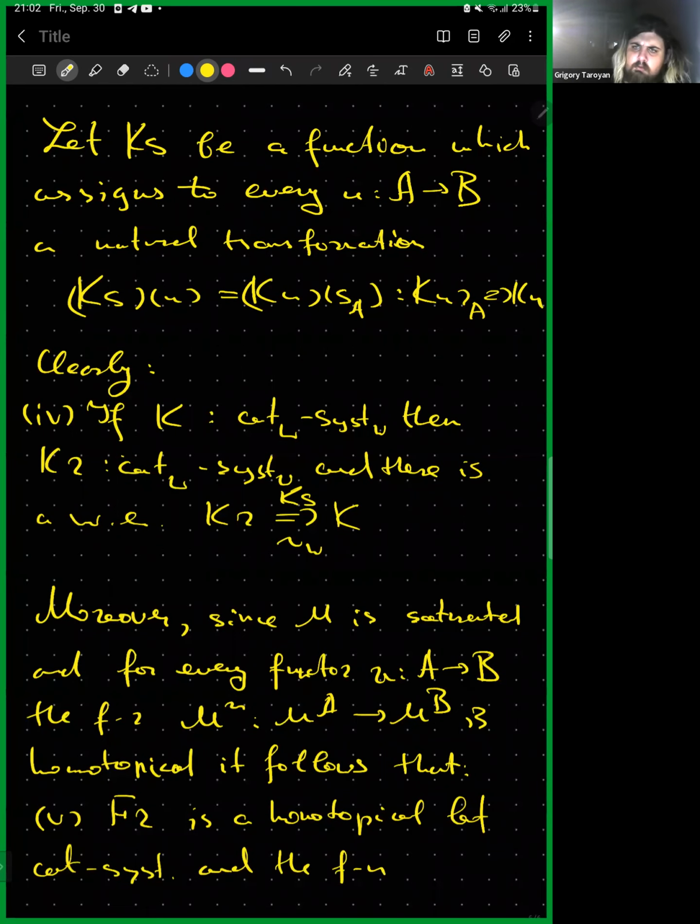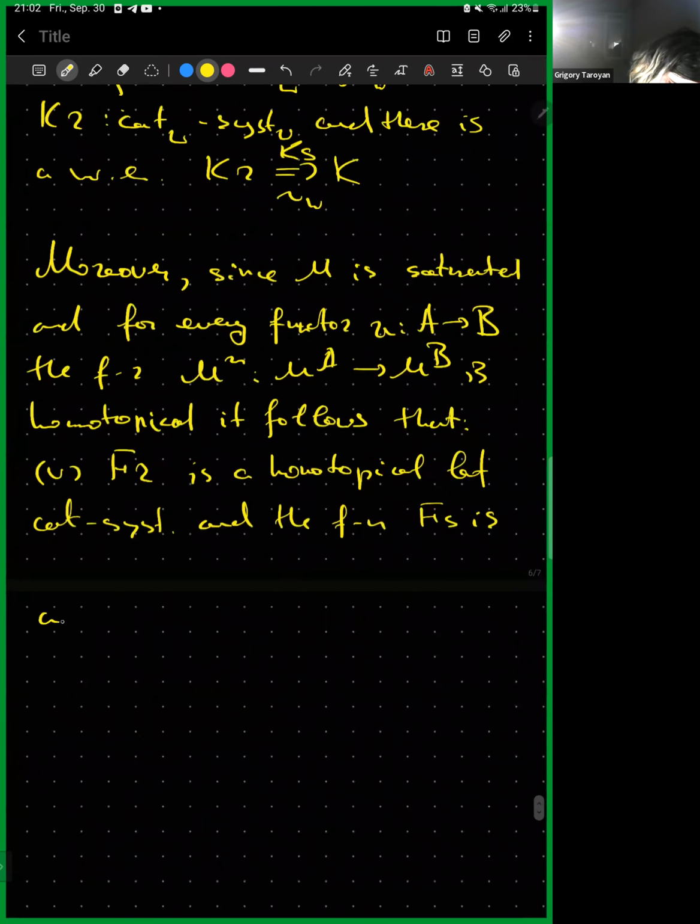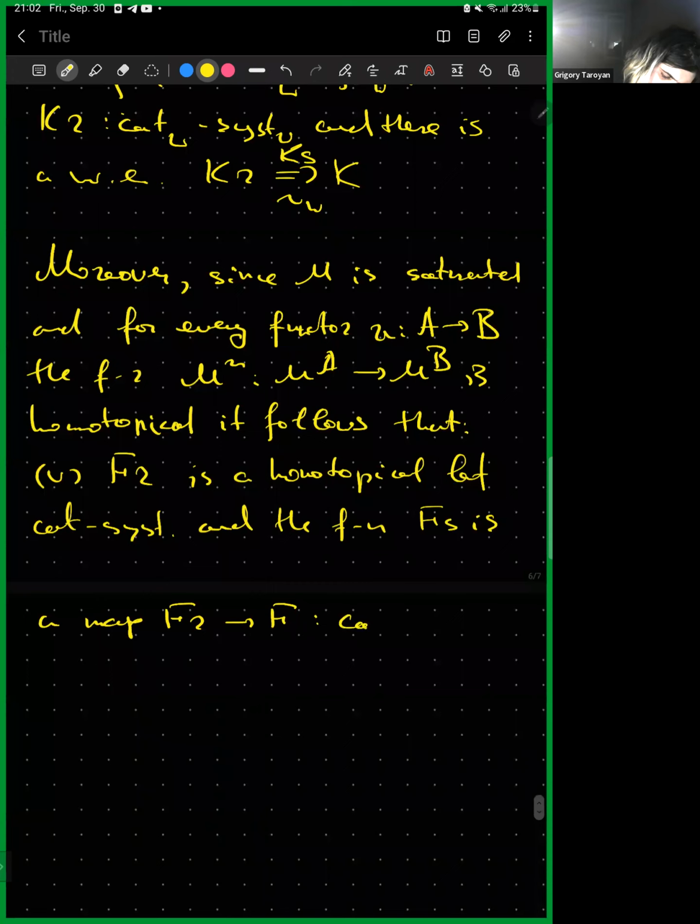And the function KS is a map KR to K. So it is a map of left cat systems.